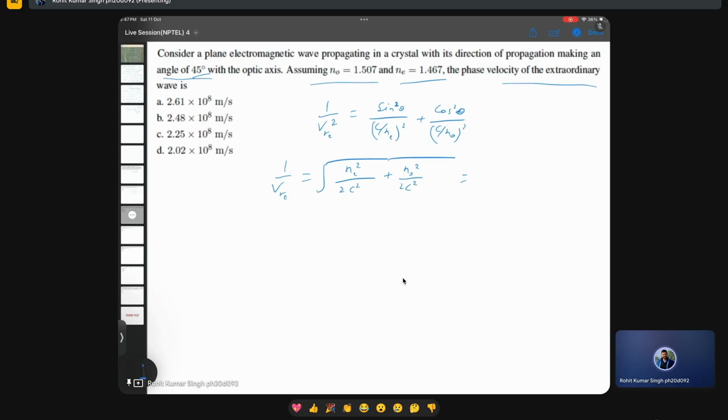If you put in NE and NO and calculate, you will get 4.42 something, and here you will get root 2 by c, so the velocity will be root 2 c divided by 4.42, which is equal to 2.02 into 10 to the power 8 meters per second.